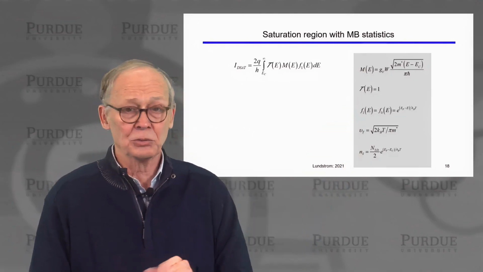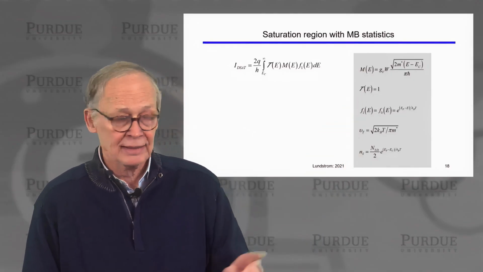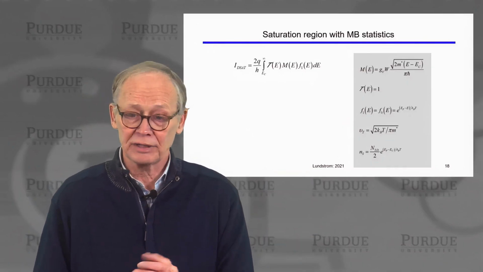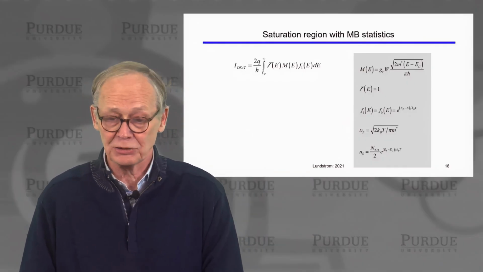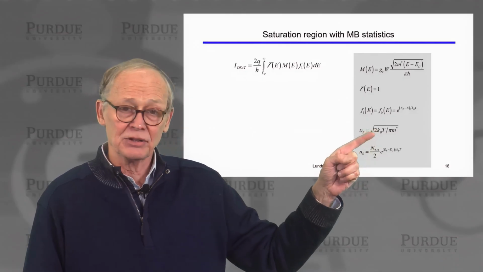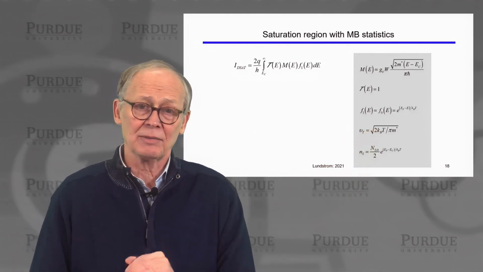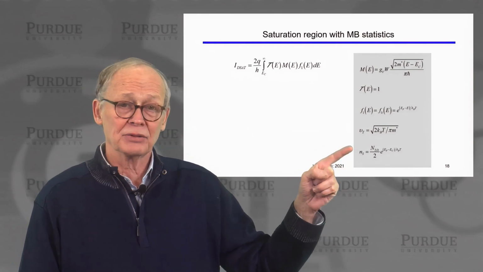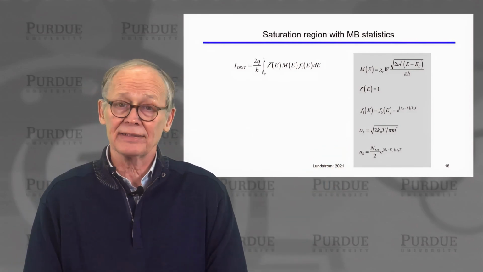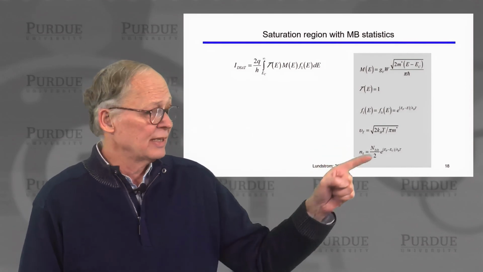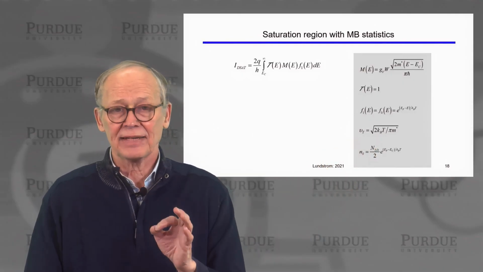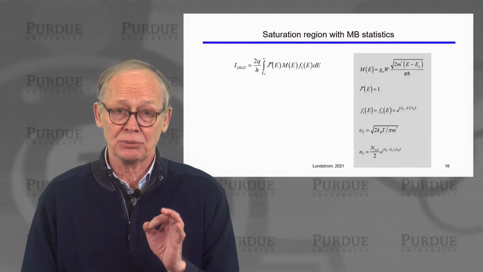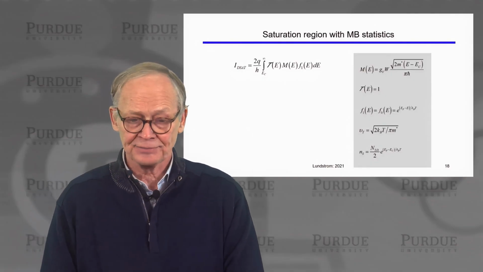The transmission is assumed to be 1 because we're ballistic. The Fermi function is approximated by non-degenerate conditions, so it's given by this exponential. Remember that the unidirectional thermal velocity will come out of this calculation as well. And also, we have to recognize that the electron density under these conditions is given by half the effective density of states, because only the positive velocity states are important under high VDS.